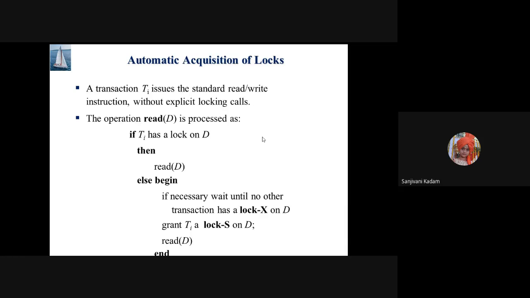So in that case, it will wait until this lock has been released, until D is available for locking in shared mode. So it will wait for that period, and then it will grant Ti the shared mode lock on D, and then it will perform a read D operation.